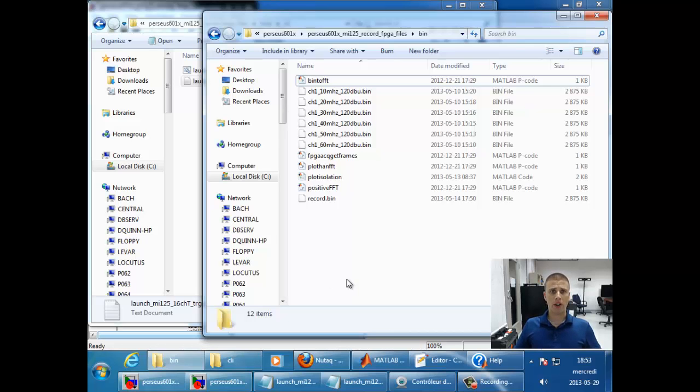And the goal here, as we have previously said, is to measure the amount of crosstalk between the different channels on the MI125 card. Channel isolation or channel crosstalk is typically used to characterize the quality of such a multi-channel data acquisition card.